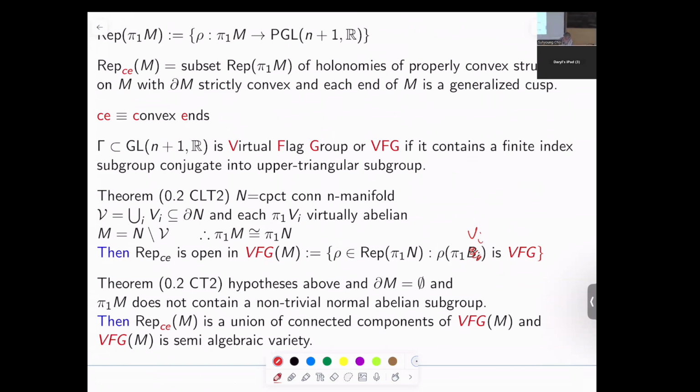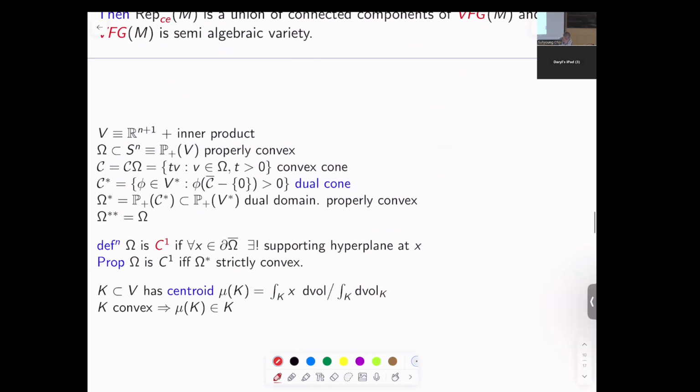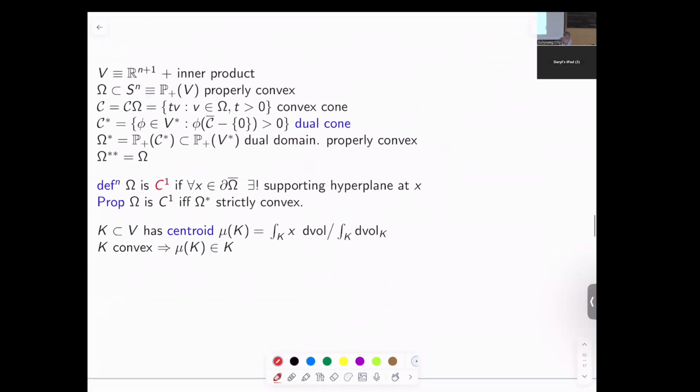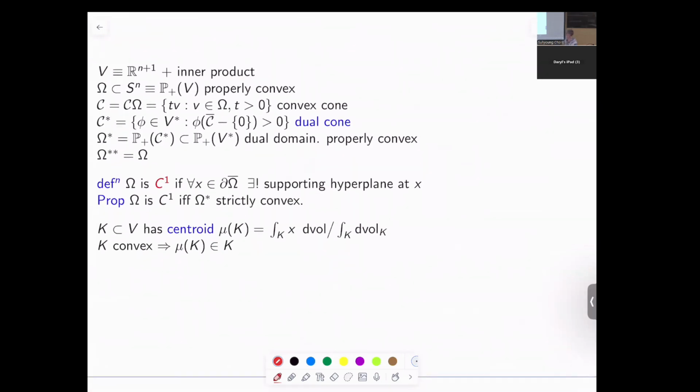So what I want to do is sketch some of the ideas here. I'm going to think about the vector space V, a real vector space of dimension n+1 with an inner product on it. Then I'm going to have a properly convex domain.